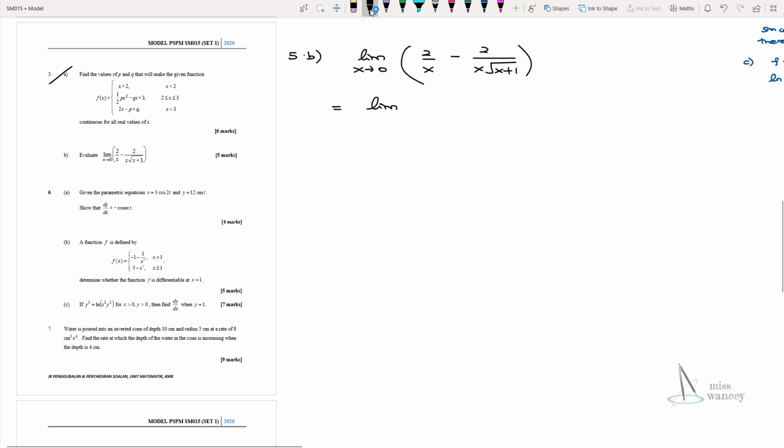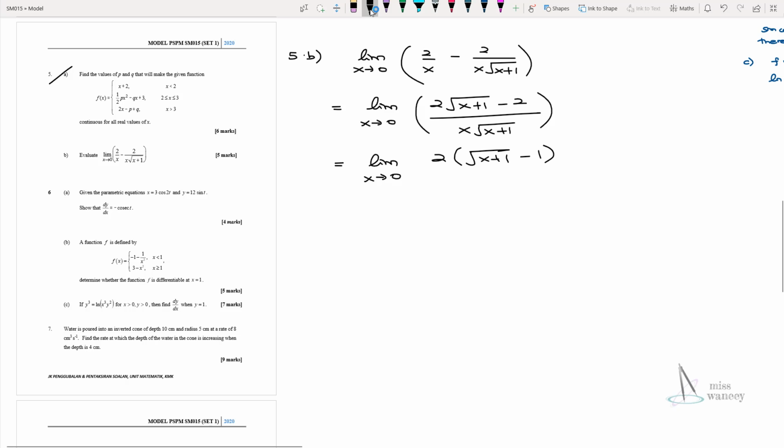So this is the limit for x approaches 0, and then I have 2 square root of x plus 1 minus 2 over x square root of x plus 1. Okay, so perhaps let me simplify this a little bit. So this is the limit for x approaches 0, 2 square root of x plus 1 minus 1 over x square root of x plus 1.